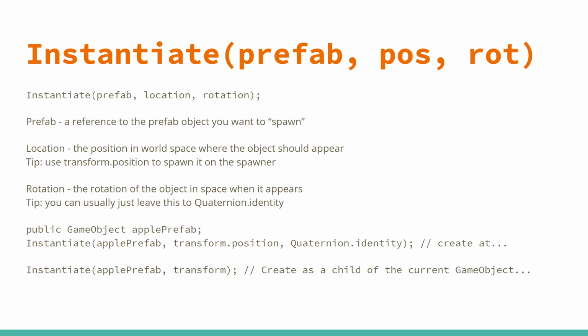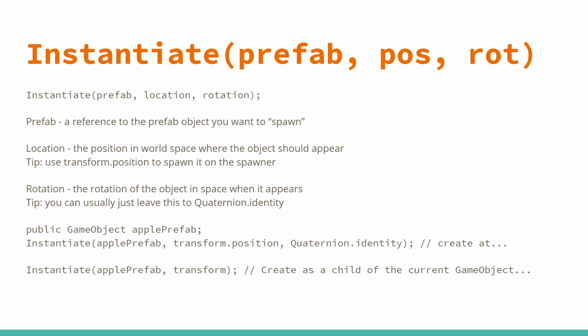In the case of our 2D prefabs, we're just going to have a Z rotation, but we're going to have to tell it what that rotation is. Notice this is not just a 2D function. So when we give it a rotation and the location, we're going to have to give it the 3D version. So it can get a little bit gnarly. And we'll talk about that at the bottom of the slide.